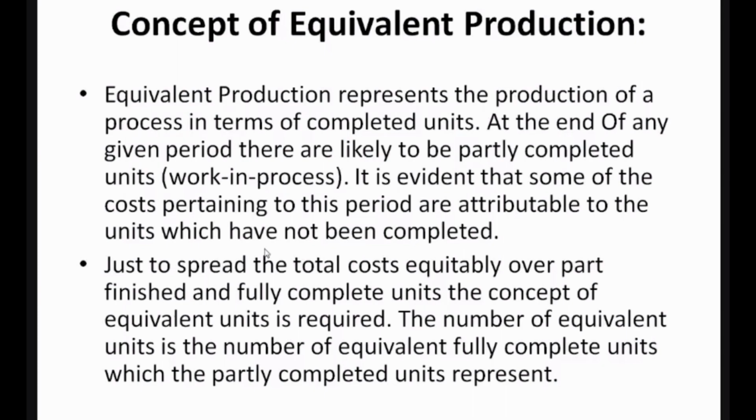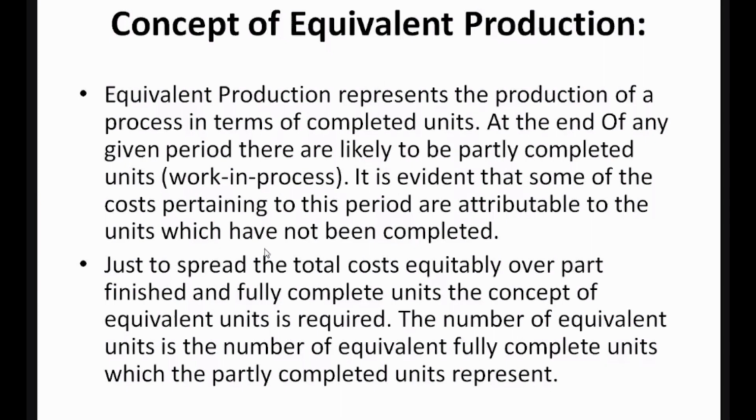At the end of any given period, there are likely to be partly completed or work in process units, and some of the cost pertaining to this period is attributable, that means chargeable, to the units which have not been completed. So just to spread the total cost equitably over partly finished and fully complete units, the concept of equivalent unit is required.